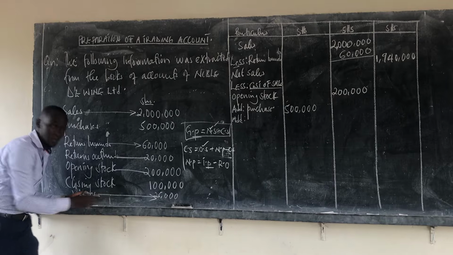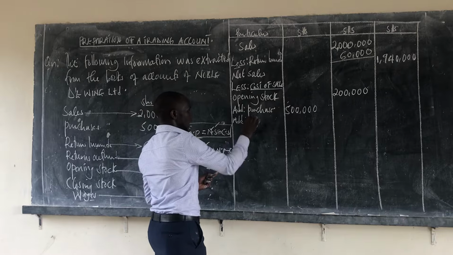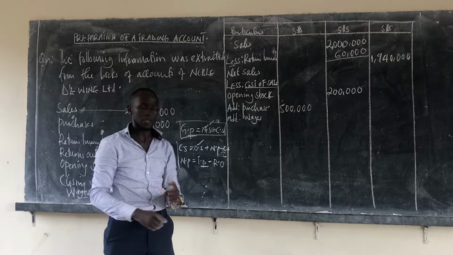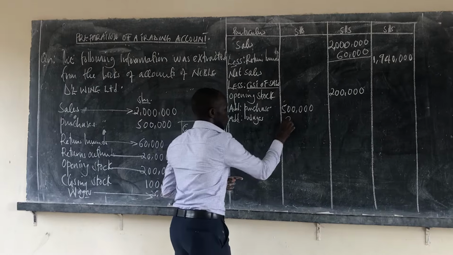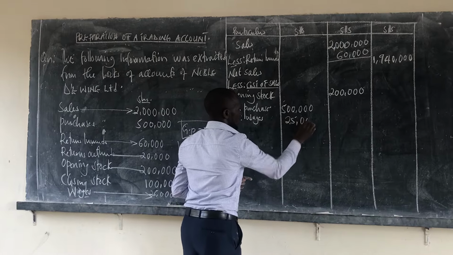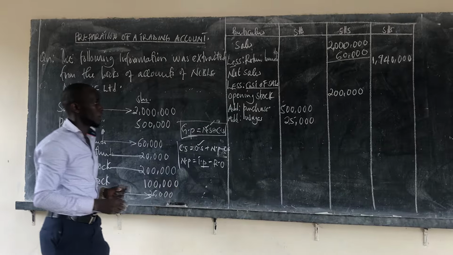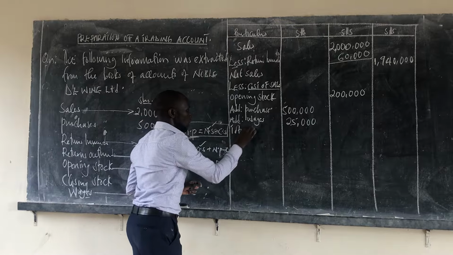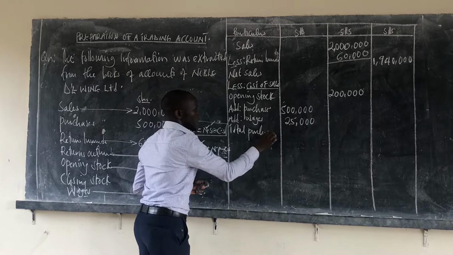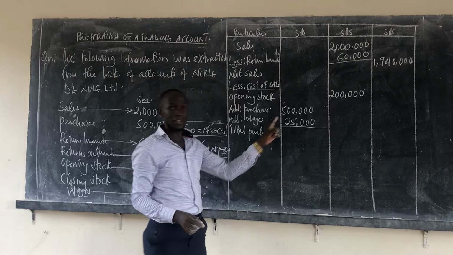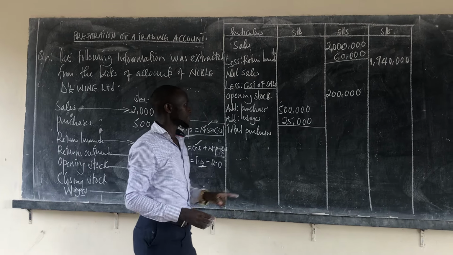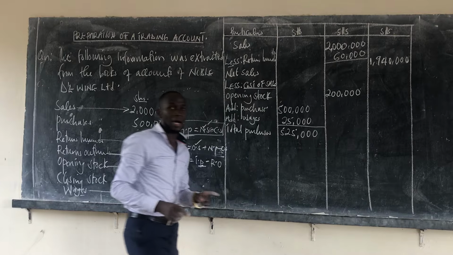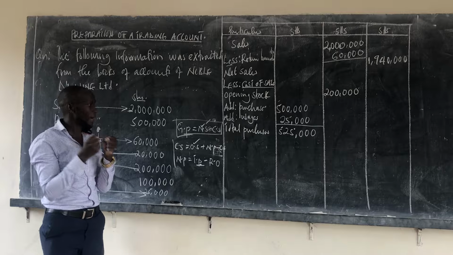So this wages is very important. Wages is 25,000. So after writing this, we now have the total purchases. Total purchases, we have 500,000 plus 25,000, so we have 525,000 as our total purchases now.